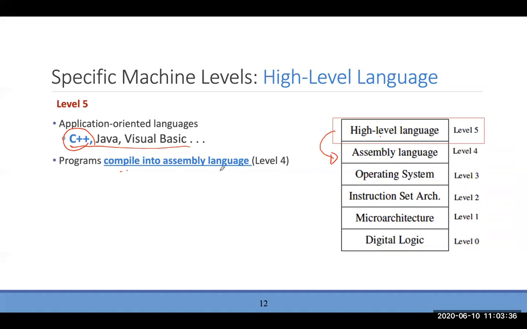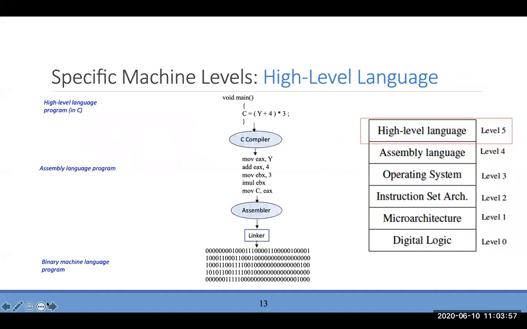Even Visual Basic, these are two scripting languages, Java and Visual Basic, so they first create an intermediate, and then once they know the underlying hardware, they're going to translate into assembly. But at the end, they're going to translate into assembly. Here I'm talking about C or C++. So it's going to translate into assembly language, right? So that is the first thing that we're going to do.